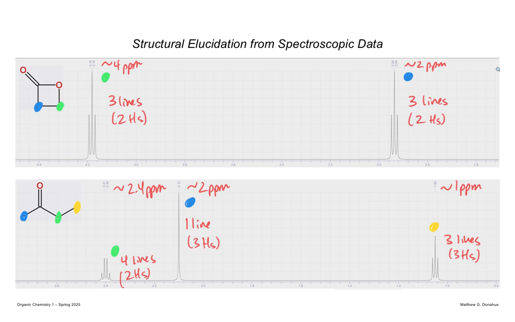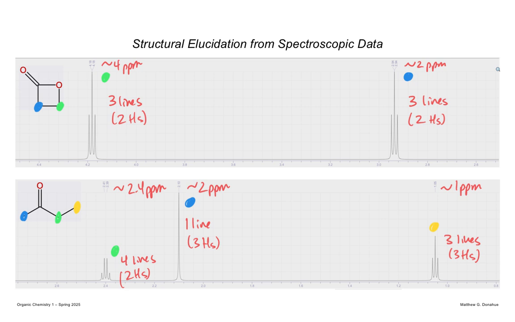Do you see some inconsistencies between the ester and the ketone? The ester has a signal with 2 hydrogens, but 3 lines. In the ketone, you have a signal of 2 hydrogens, but that has 4 lines. And the blue and yellow both have 3 hydrogens, but a different number of lines. So how can that be?